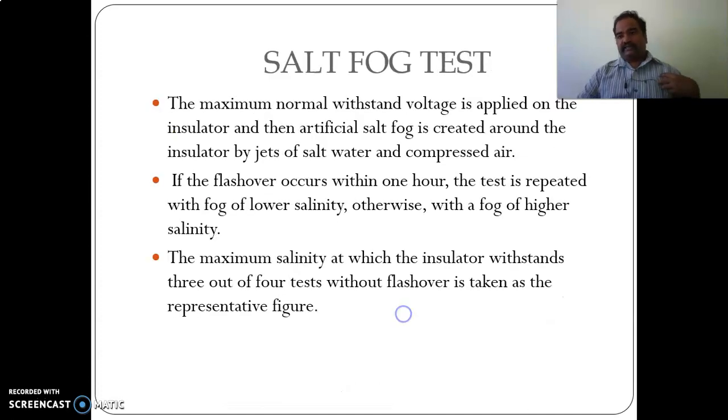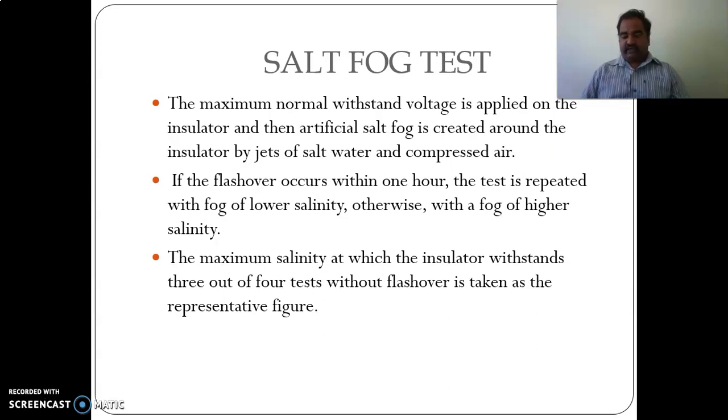So there is one common test condition which is generally followed in the laboratories to test the pollution capability of the insulators. It is called the salt fog test. In this salt fog test, just as we have seen in the wet conditions during our power frequency tests, the maximum normal withstand voltage is applied onto the insulator, and then artificial salt fog is created around the insulator by jets of salt water and compressed air.